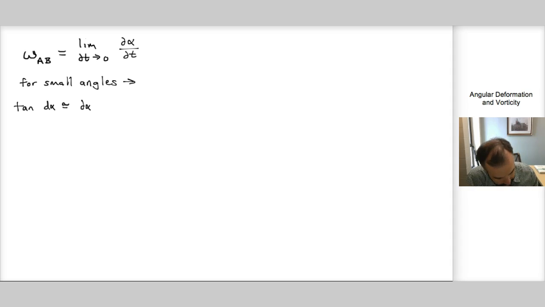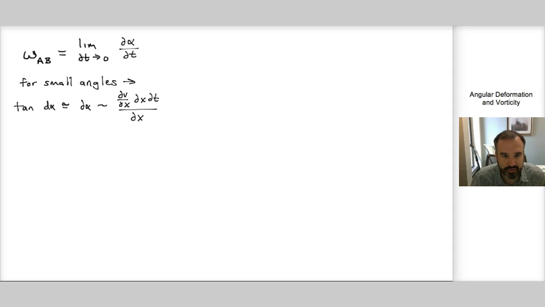Okay? And that, we've already defined, is going to equal dv over dx dx dt all over dx, right? So that's the change in the angle alpha.